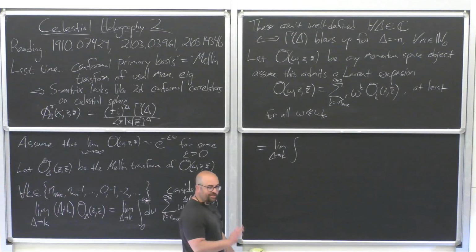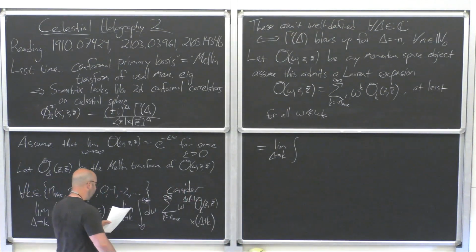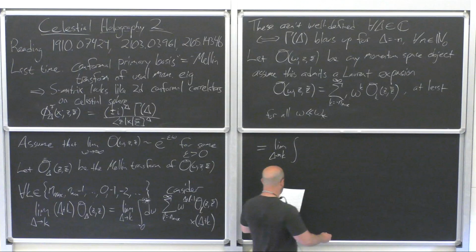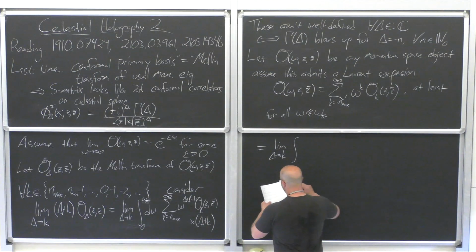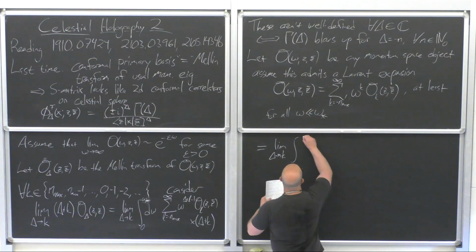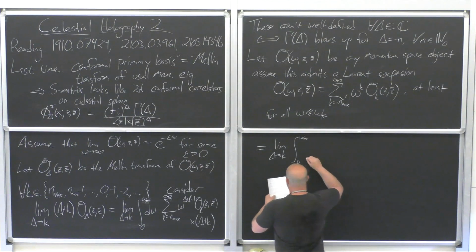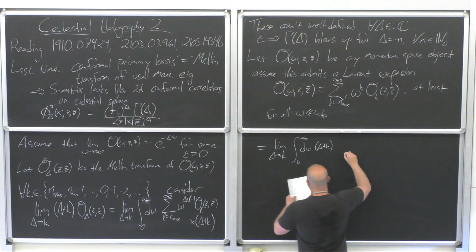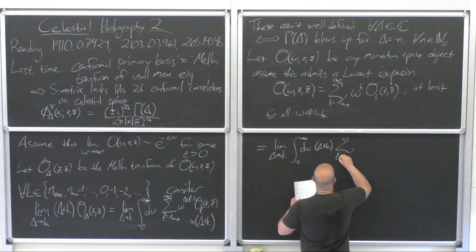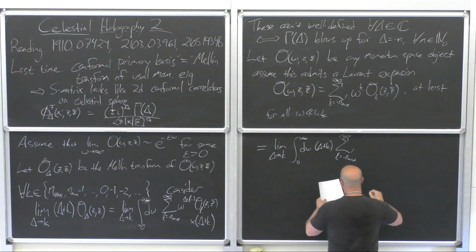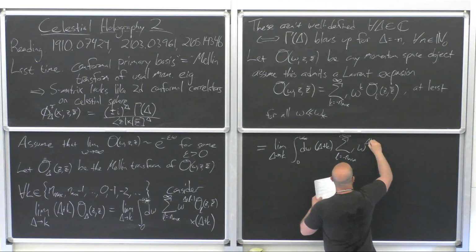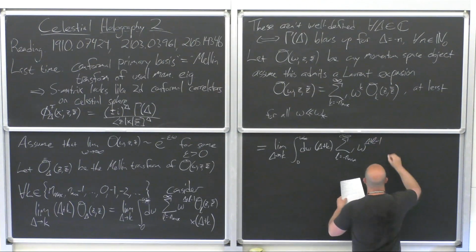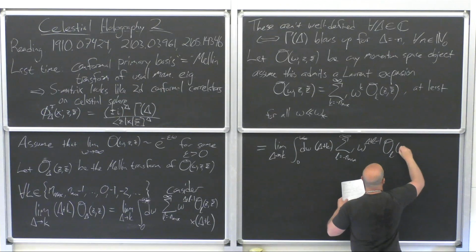Don't really care what it is, just care that it exists. So then what we're left with is this limit, omega star to 0, d omega, delta plus k, sum over L from minus n max up to infinity, omega to the delta plus L minus 1 with these coefficients O L.